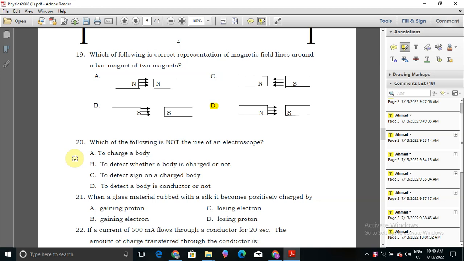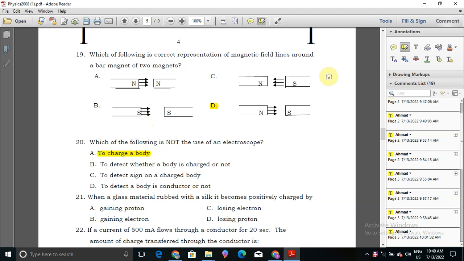So B, C, and D are correct, but to charge a body is not a use of an electroscope. So the correct answer is choice A.